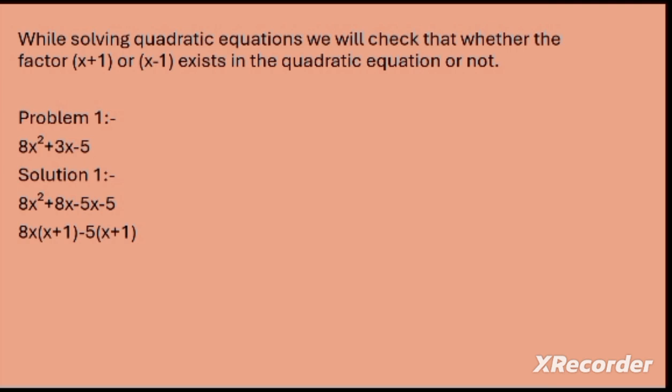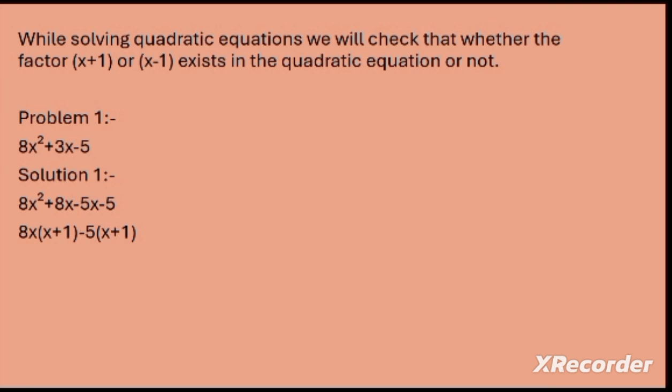We know that the common sign of minus 5x and minus 5 is minus. So our common will be minus. Now we will find the common coefficient. The common coefficient of minus 5x and minus 5 is 5.